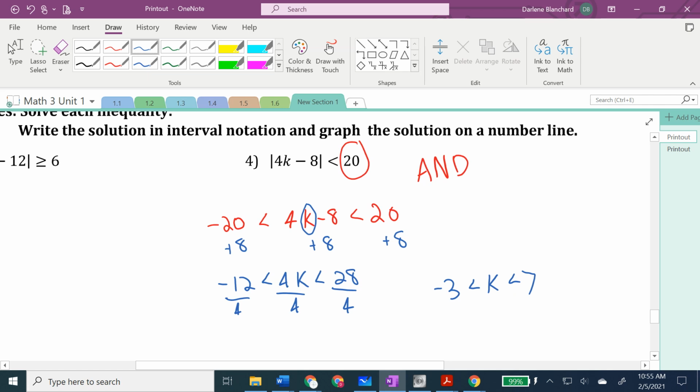And you're going to write the solution in interval notation, and also graph the solution on a number line.